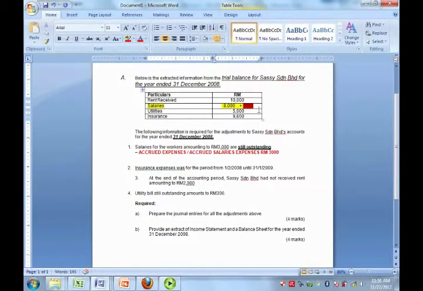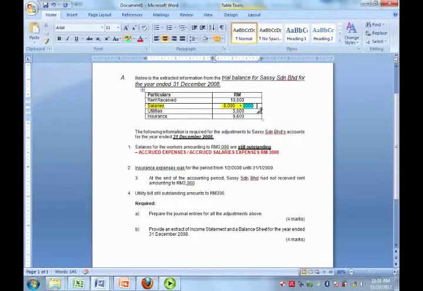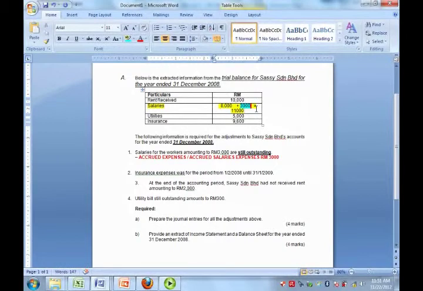Alright, from where do you get the 3,000? From the additional information. So actually, your new amount of salary is 11,000. So this is the amount that you need to transfer to your income statement. Clear, class?